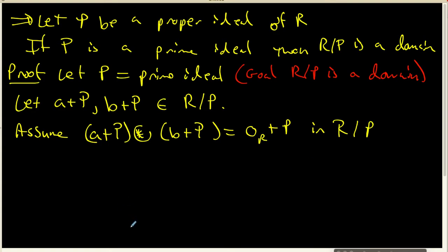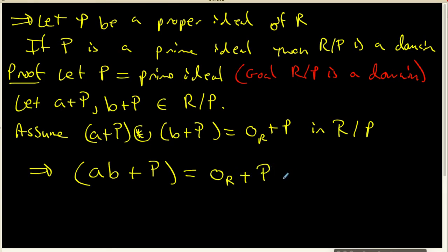Now, I know how to do coset multiplication. So this particular equation inside R mod P is going to say that AB plus P has to be equal to the zero inside of R mod P.